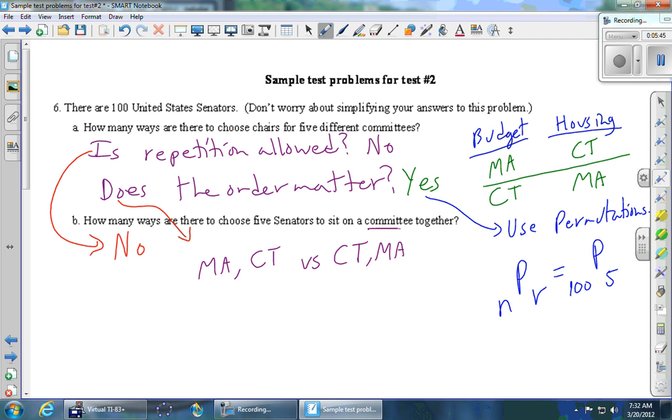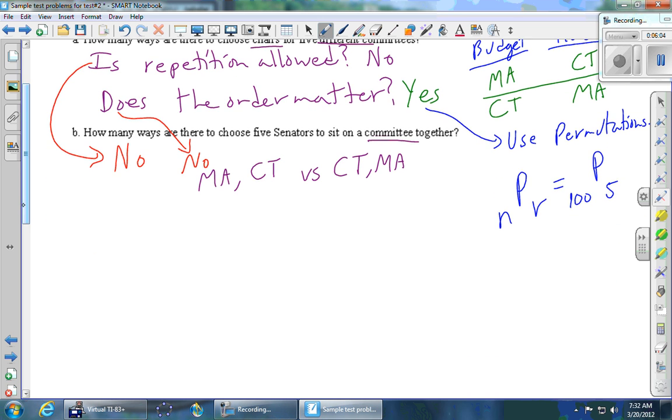Everybody's equal. It's certainly very different from talking about chairs for different committees. There, the different committees were different. So does the order in which we pick these folks matter? The answer here is actually no. That makes this one different from part A. So if the order does not matter, then we use combinations.